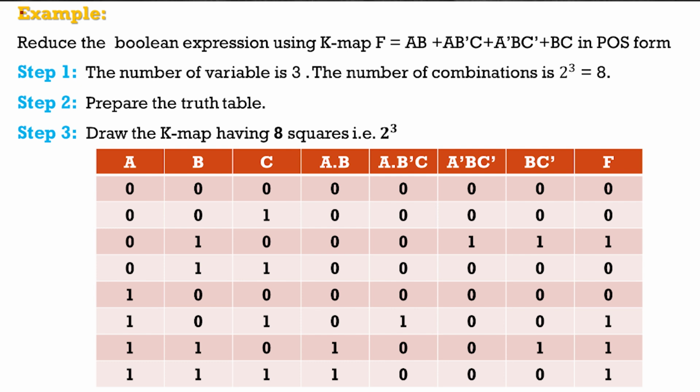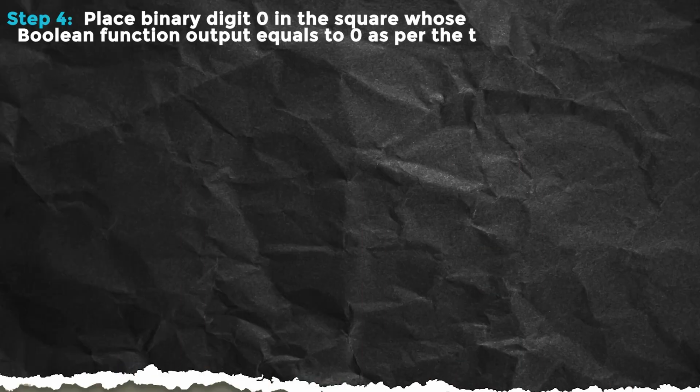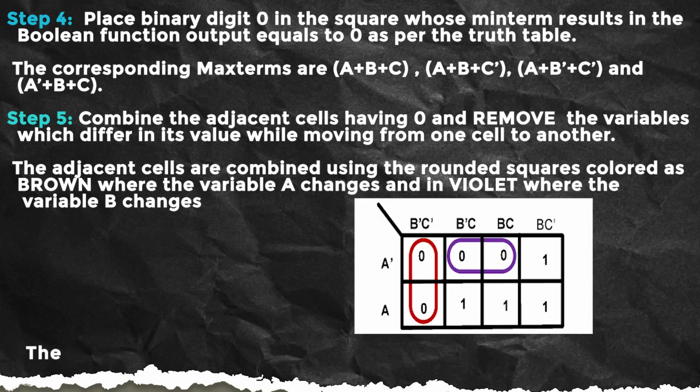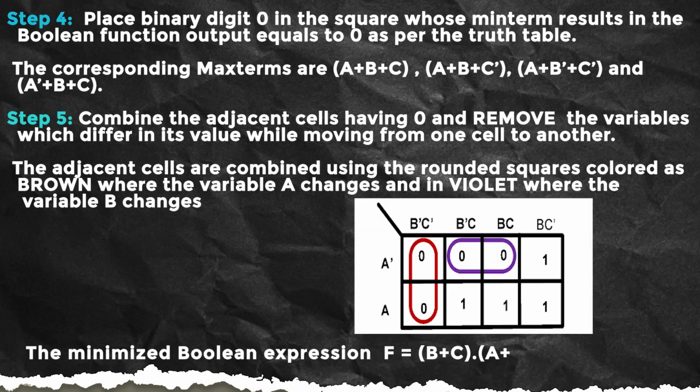Now we will prepare the Karnaugh map. Place digit 0 in the square whose min term results in the Boolean function output equal to 0 as per the truth table. So we have put zeros in the K-map for the min terms whose function value f is equal to 0.